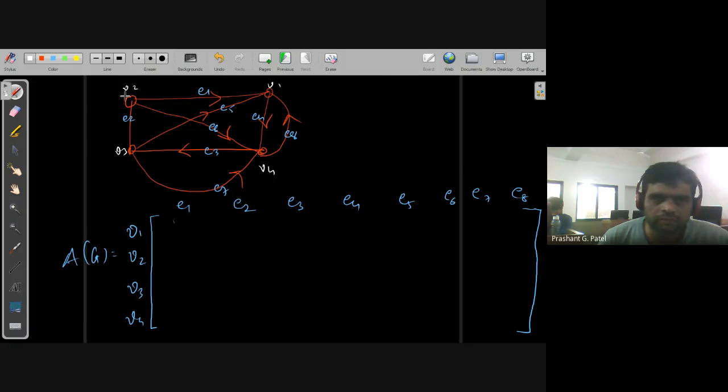First, E1 is incident into V1 and out of V2.